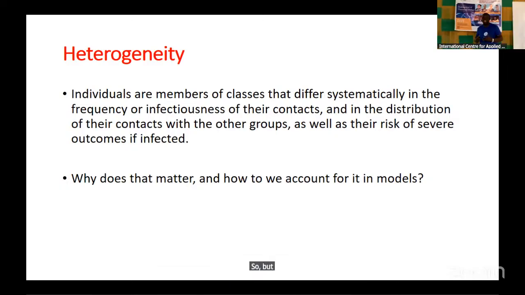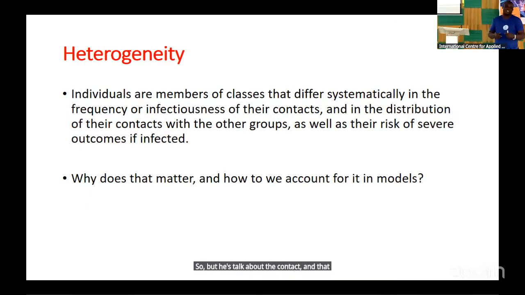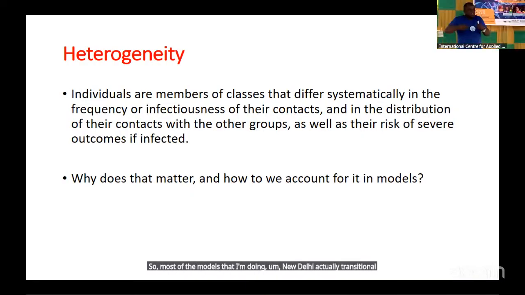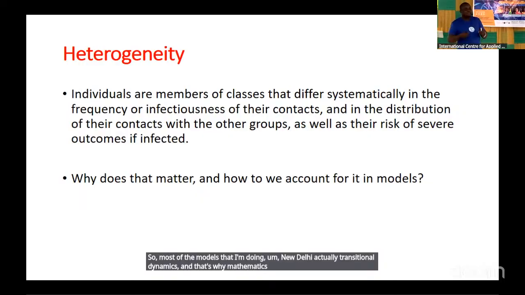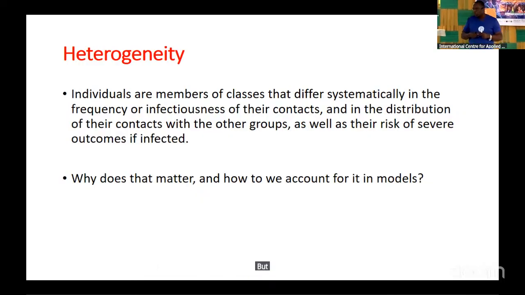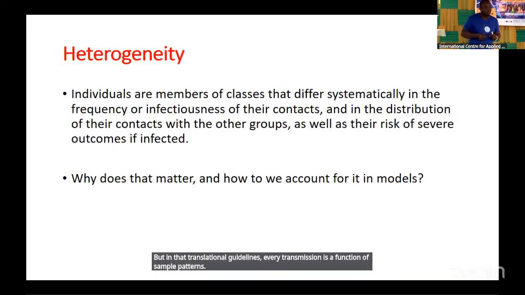Mathematics talks about the contact, and that's when we talk about transmission dynamics. Most of the models are modeling transmission dynamics, and that's why mathematics plays a very strong role. In transmission dynamics, every transmission is a function of some contacts.